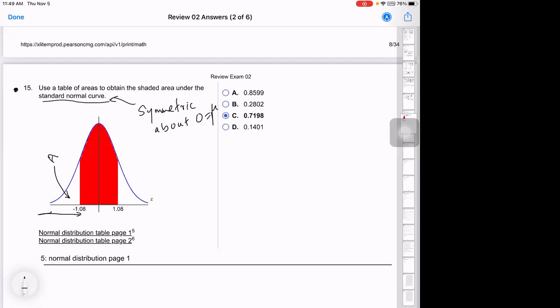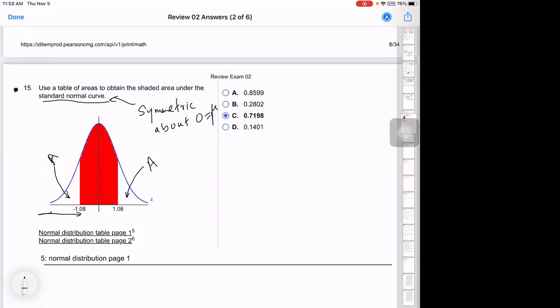Once you figure out the area capital A, then the area on the other side is similar to it. These are the easiest ways to solve problems. If you know these properties, it is very easy to solve these kinds of questions.